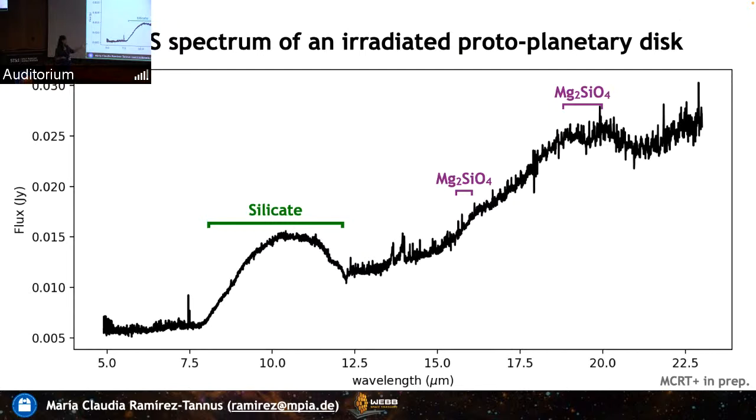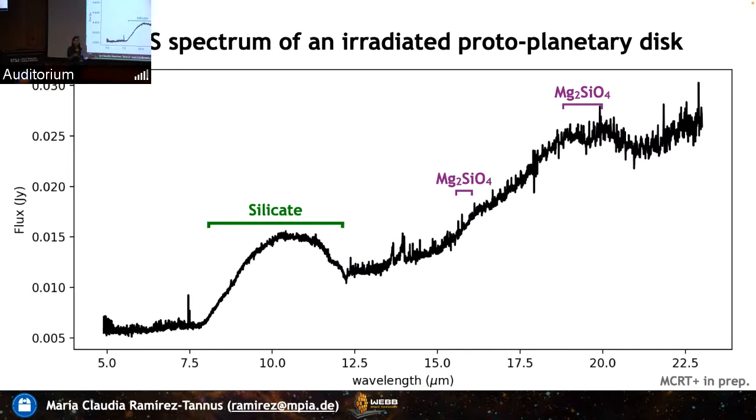So you have the big silicate feature at 10 micron, and you also have some phosphorite at 16 and 19.5 micron, and you also see some molecular emission. This was exciting for us because we thought this star was an intermediate mass star, and to see molecular emission is not so common in intermediate mass stars.